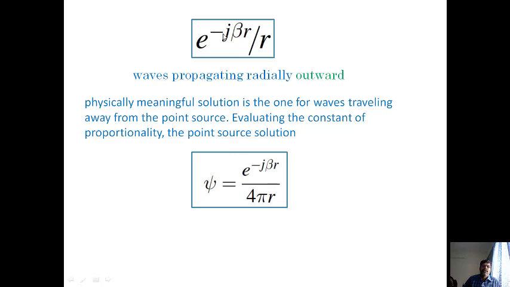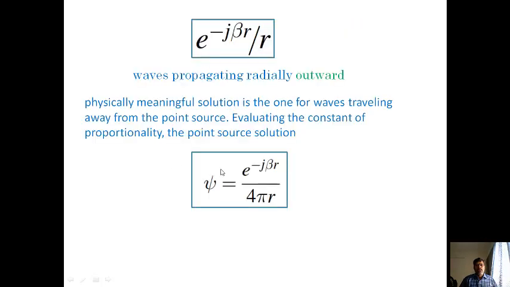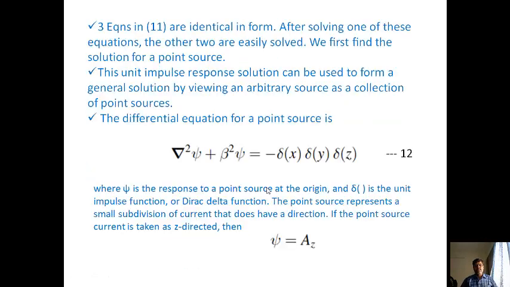There will be some constant in the solution, as we normally write for second order homogeneous equations. That constant value is 1 by 4 pi. Therefore this is a solution for this equation.